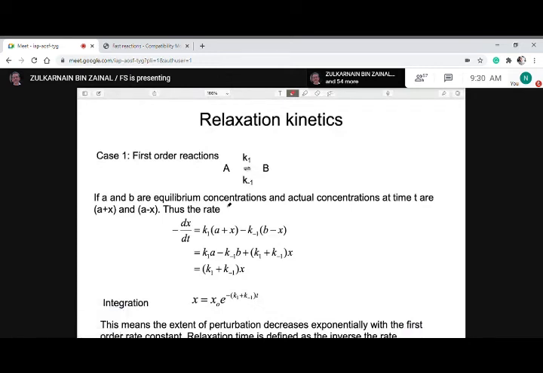Okay, so for example, if the reaction occurs by first order, A to B, meaning that A is the reactant, B is the product, and then it reaches equilibrium, where k1 and k minus 1 are the rate constants.